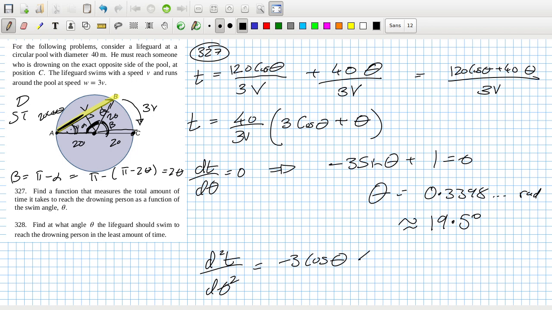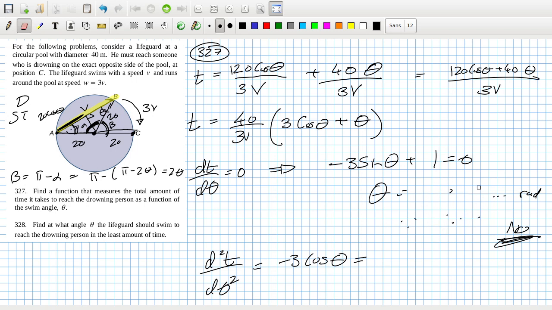If I put in now minus 3 cos 0.3398. Oh, that's negative. That's a maximum. So that's no. We wanted the second answer.